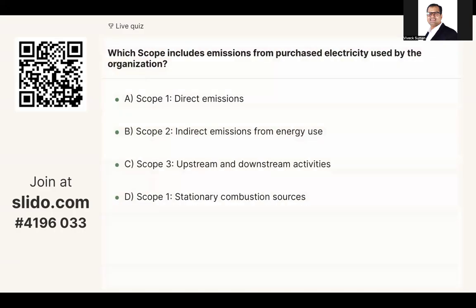Correct answer. Next. Which scope includes emissions from purchased electricity used by the organization?